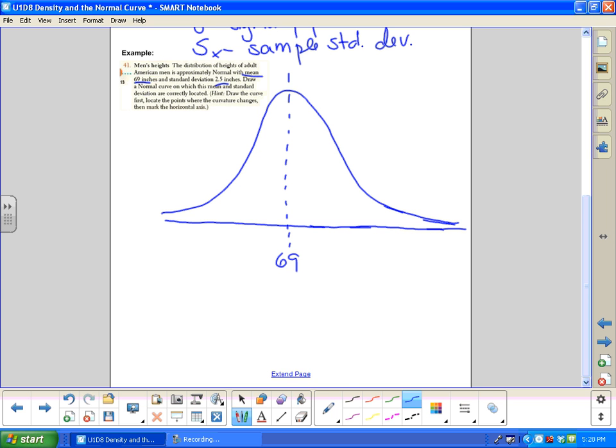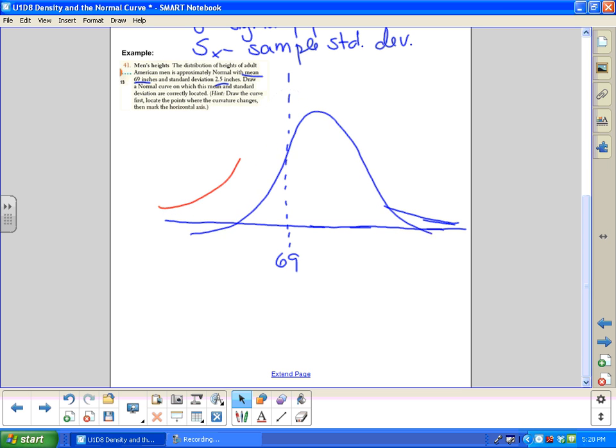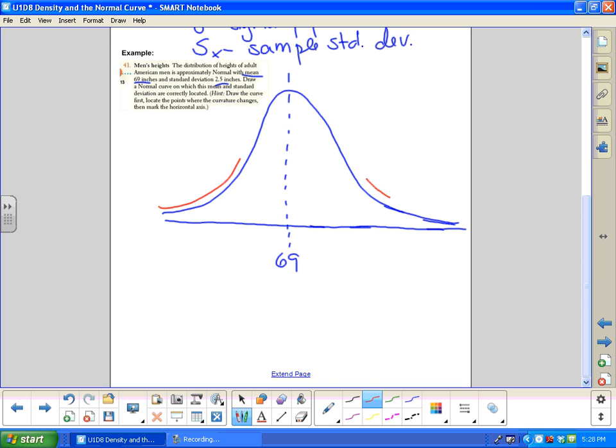Inflection points are where a graph changes from concave up. This would be concave up, right? Here. That would be concave up, to concave down. So let's see if I can use the green. This right here would be concave down. And at these points right here, these are what we call inflection points. So I have one there, and then I'm just going to guess the other one's about right there.